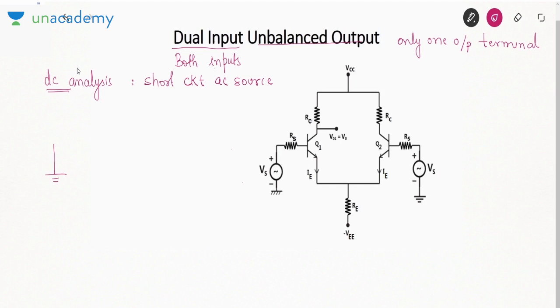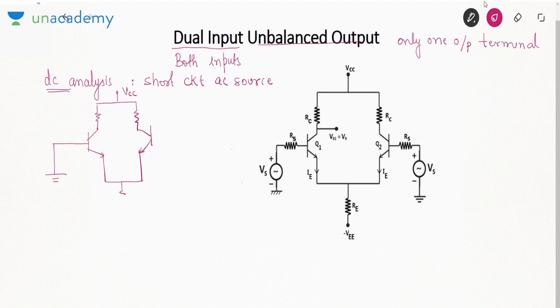Suppose I ignore the source resistance RS, then it will look something like this. And remember, I'll assume here that both transistors are identical, that is both have the same base emitter drop, the same current gain and everything.